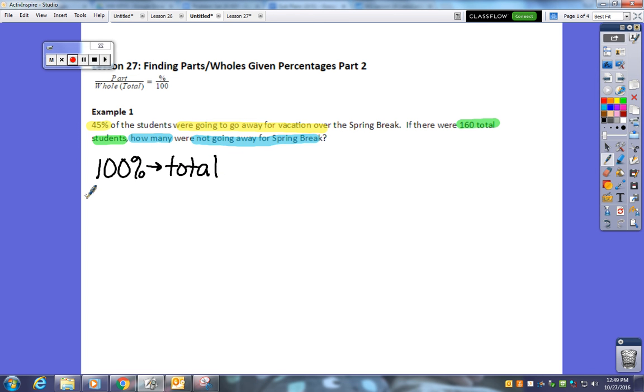If we subtract the 45% given to us in the problem from this, which is the number that are going away, what we are left with is the percent that are not going away.